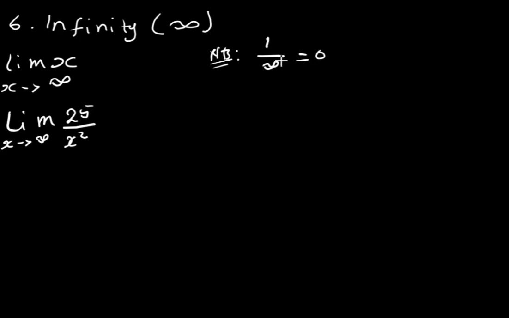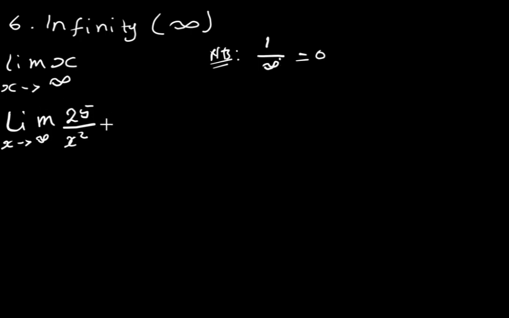It doesn't really matter if the exponent or the power of the infinity is more than 1. No matter the power of the infinity, we are still going to get 0. It can be 1, it can be 2, even 100, 20, 5, 6, any power that you can think of, it's always equal to 0. So 1 over infinity is equal to 0.